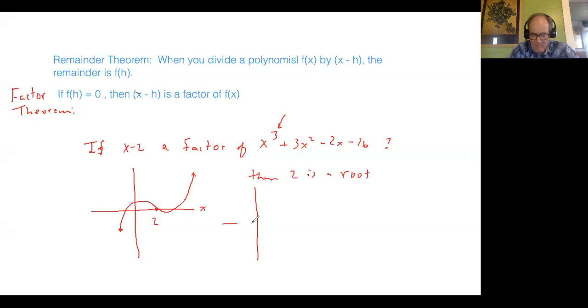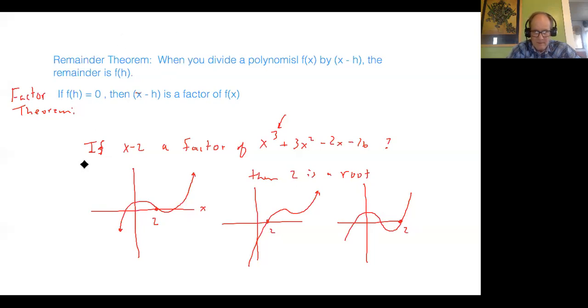Like, for instance, maybe it's coming up like this, and our 2 is right here. We don't know exactly what the shape is, but we do know that 2 is a root, so x minus 2 is a factor.